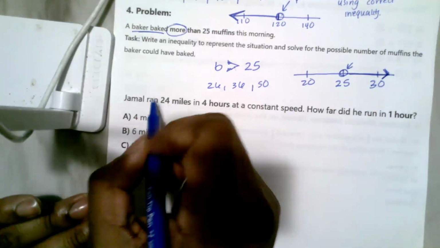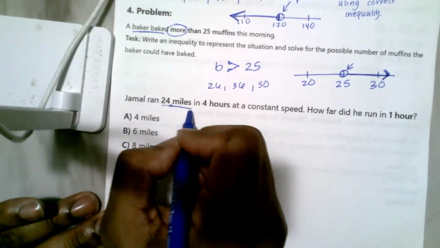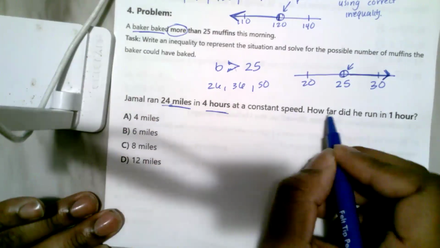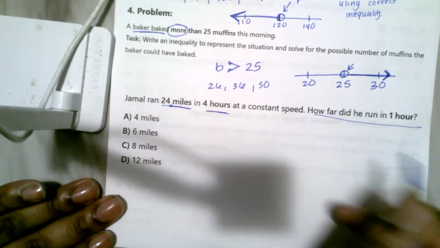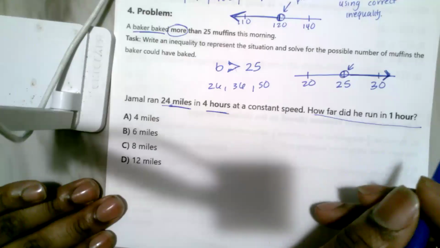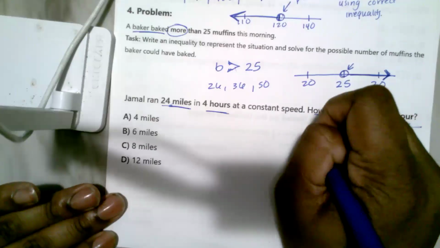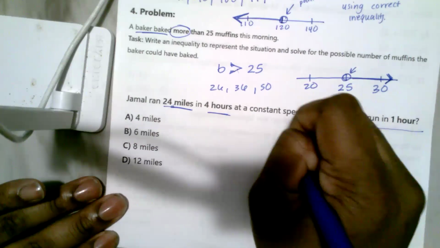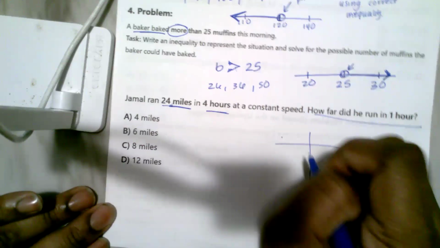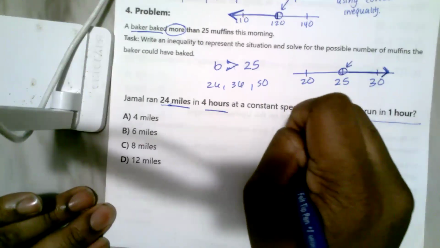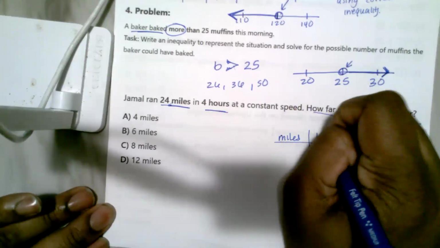Okay. Jamal ran 21 miles in 4 hours. How far did he run in 1 hour? So, we know we're comparing. Like you want to list what you're comparing in the table. So miles and hours.